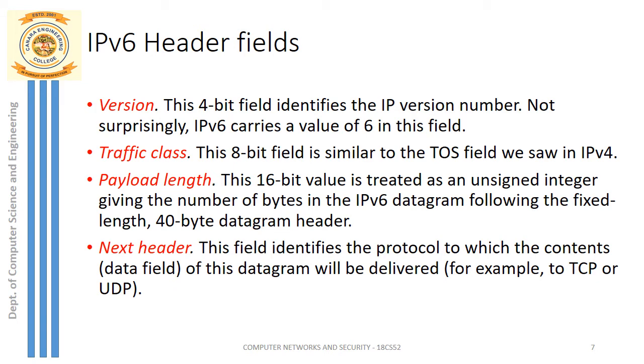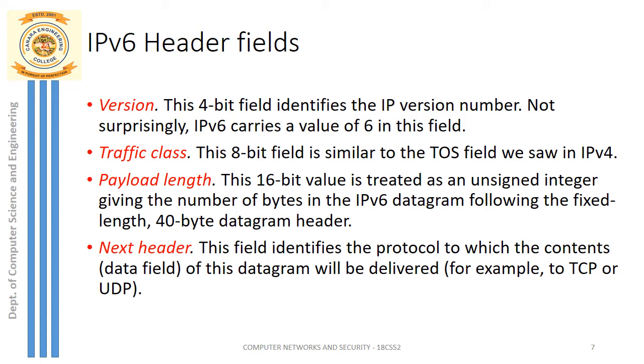The next field is payload length. This identifies the number of bytes included immediately after the 40-byte datagram header. That is nothing but the length of the data attached to the datagram.